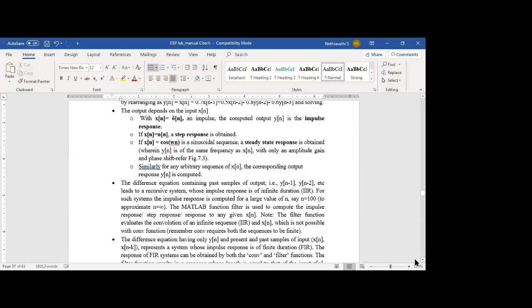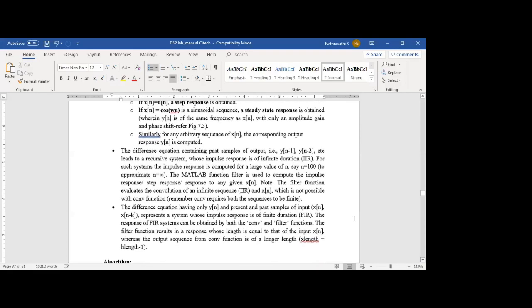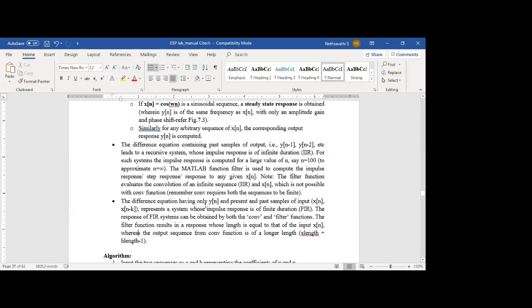Coming to the next point, if the difference equation has only y of n and the present and past samples of input x of n, then it is called an FIR. Here the output sample doesn't comprise past output samples, so it is an FIR.